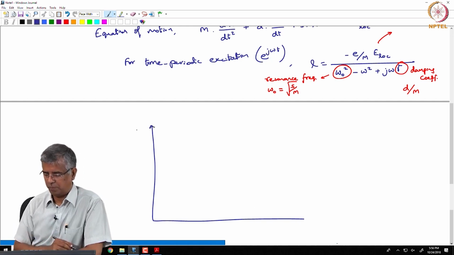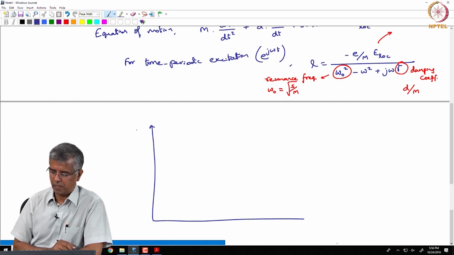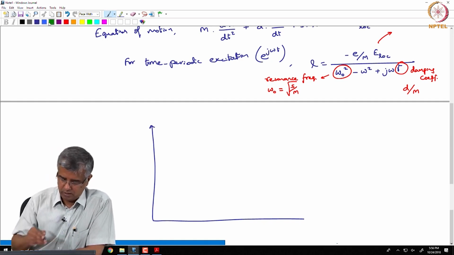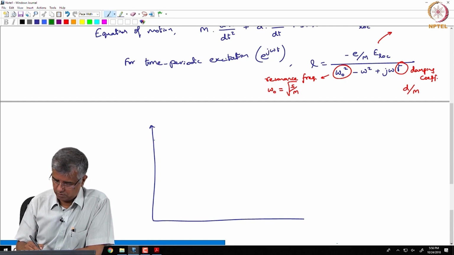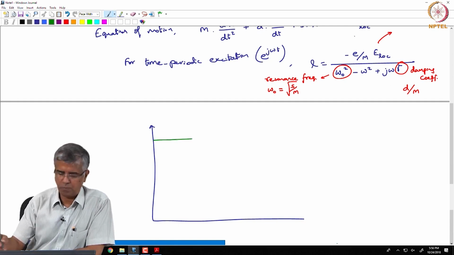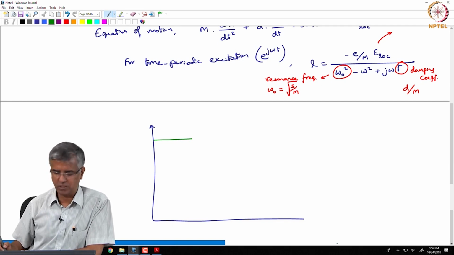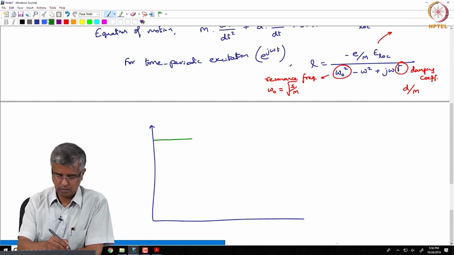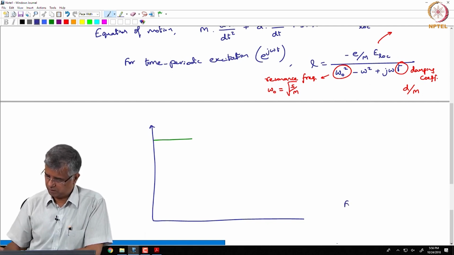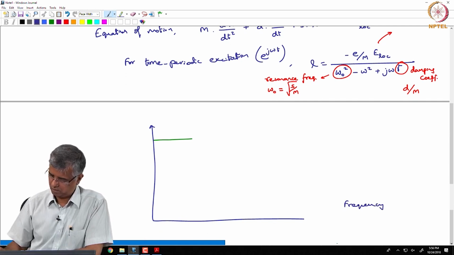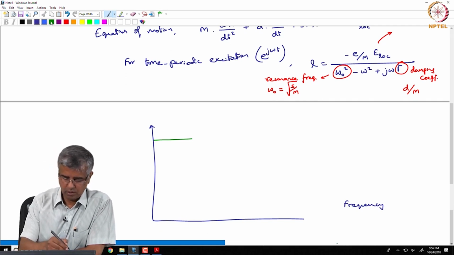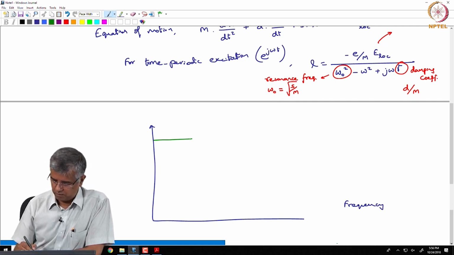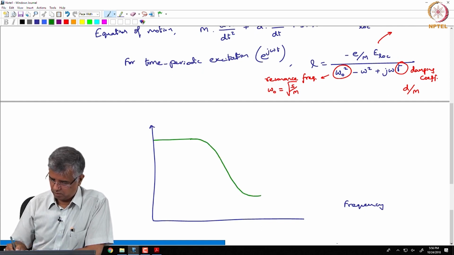So, I am plotting the real and imaginary parts of my permittivity. The real part, if I am just mathematically plotting this as a function of frequency, and the x axis is frequency, is going to exhibit some behavior like this.